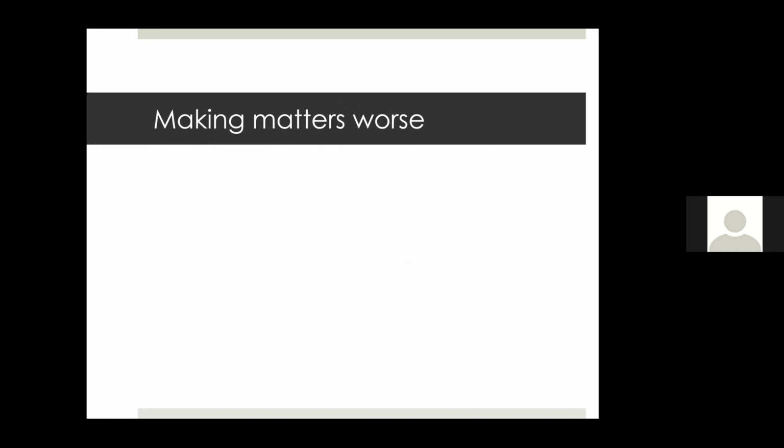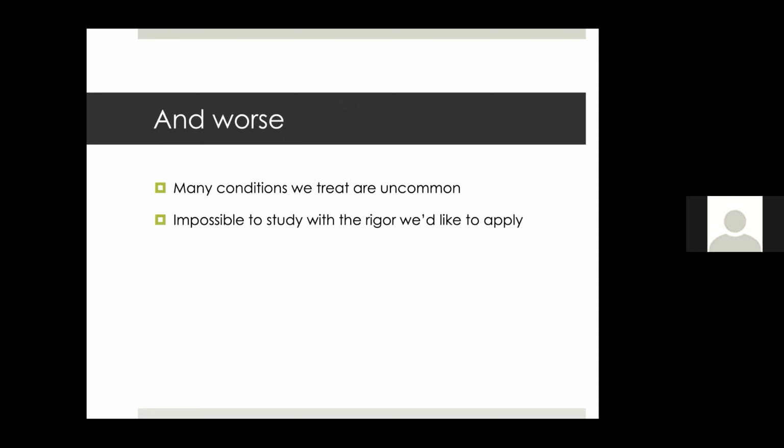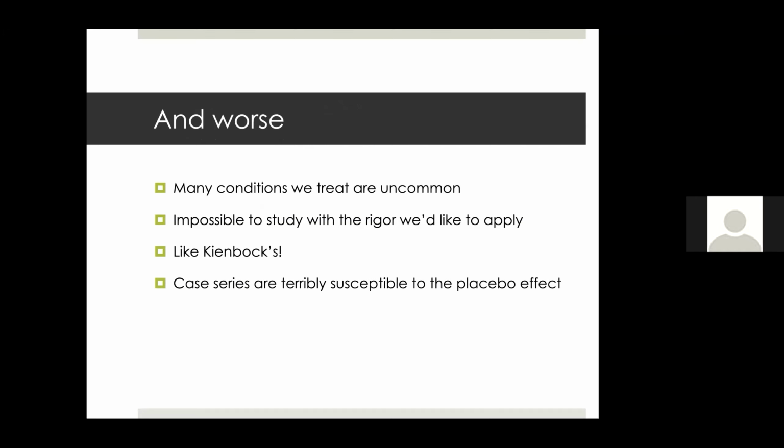Making things worse are claims by people like Ioannidis, who's done some math to suggest that a lot of what we read in journals isn't true. He may be right. Many of the conditions we treat are uncommon, like Kienbock's, and they're impossible to study with the rigor that we'd like to apply. Case series, such as the ones we've been hearing about, are terribly susceptible to placebo effects.